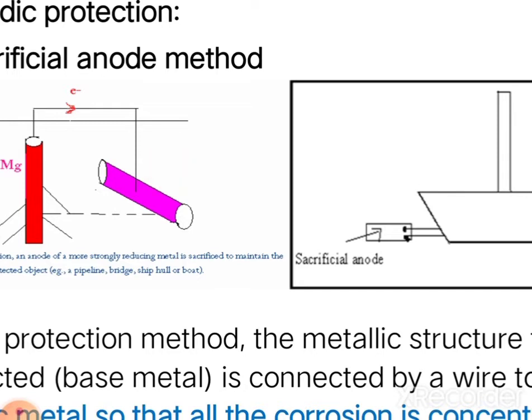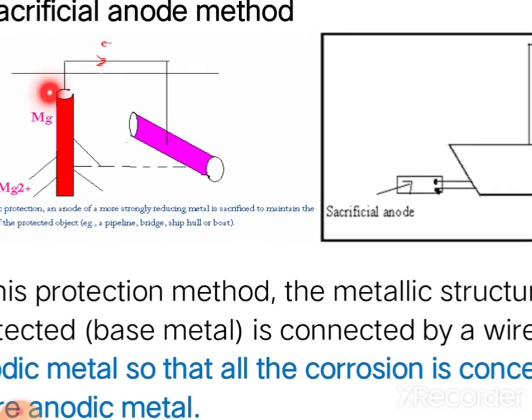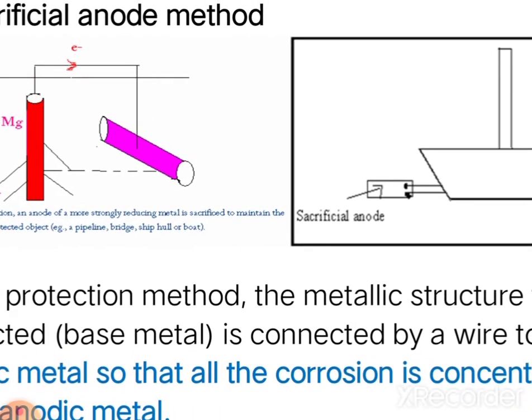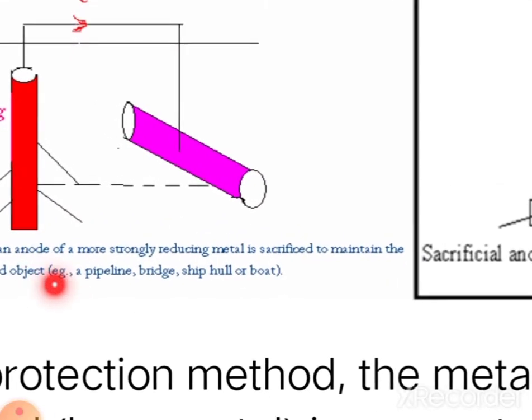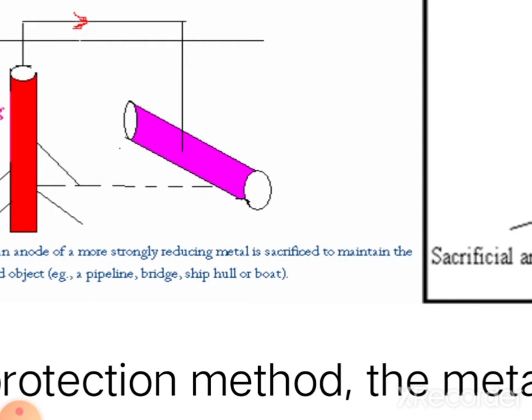Such metals, pipes or tanks which are underground are protected by making direct contact, or wire contact, with some highly reactive metal like magnesium, zinc, aluminum, etc.